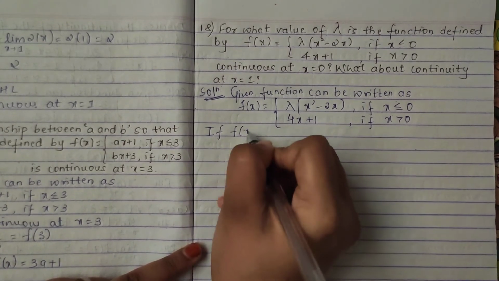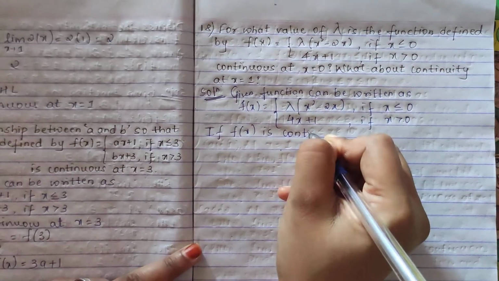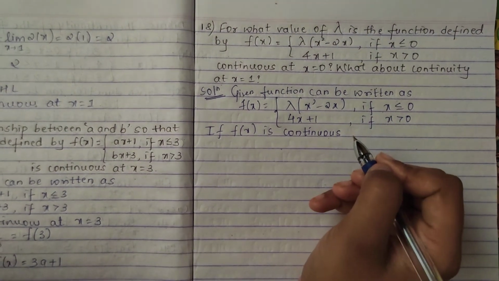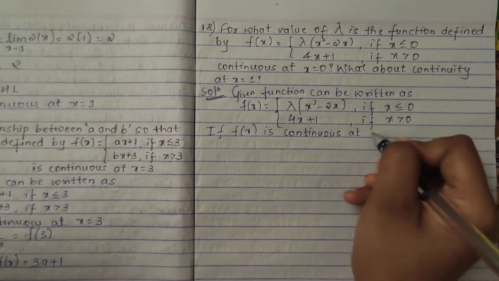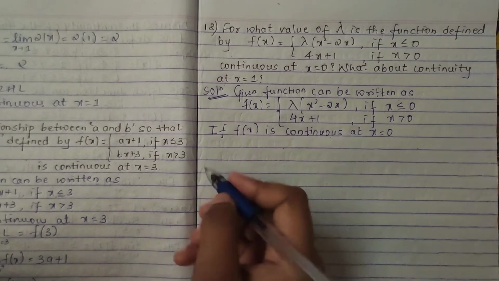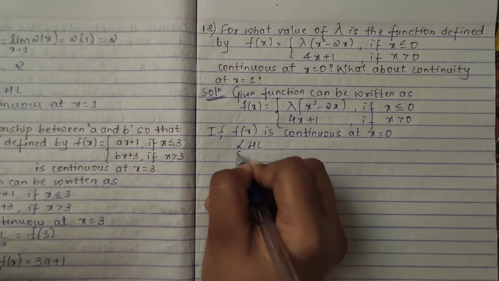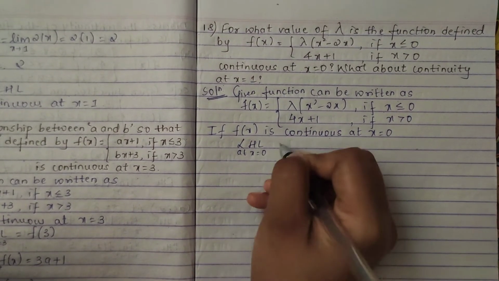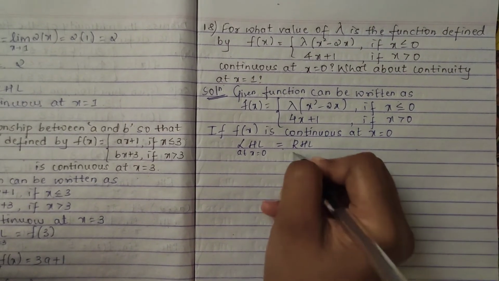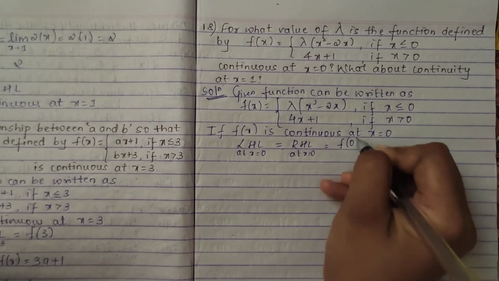If f of x is continuous at x is equal to 0. So when it is continuous at x equal to 0 means what? LHL at x is equal to 0 is equal to RHL at x is equal to 0 is equal to f of 0 at that point, right?